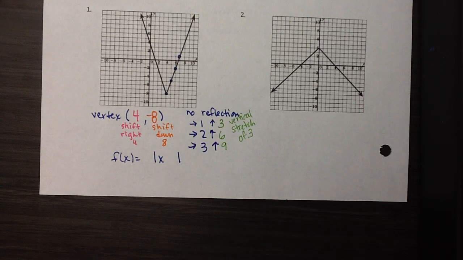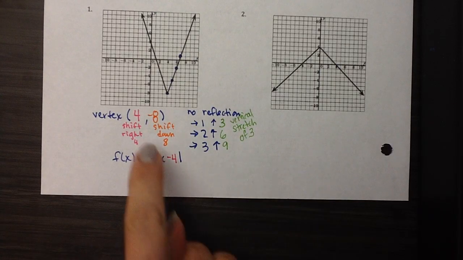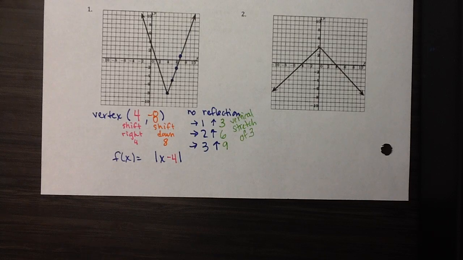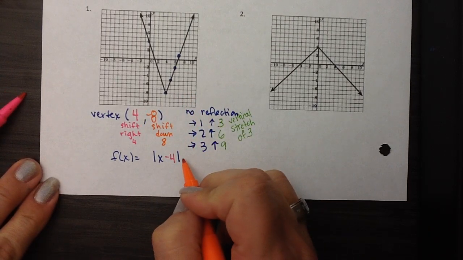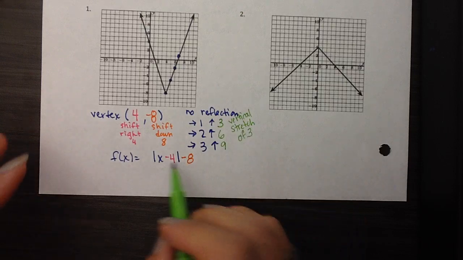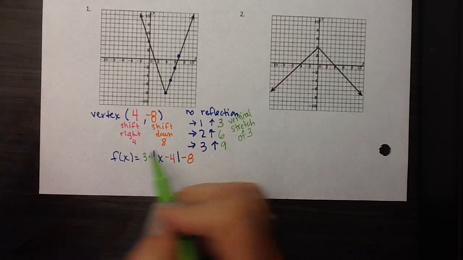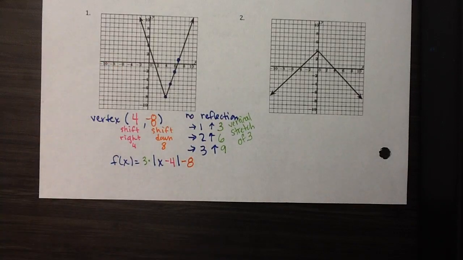So to shift right by 4, I have to say x minus 4 inside the bars. Shifting down 8 is going to be after the bars, and it's going to be the normal sign you'd think it was, so it's subtract 8 after the bars. And then vertical stretches are multiplied out in front of the bar, so it's going to be 3 times out in front. And this would represent that function.